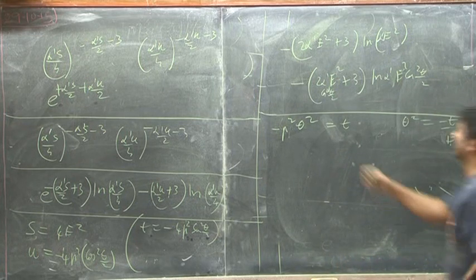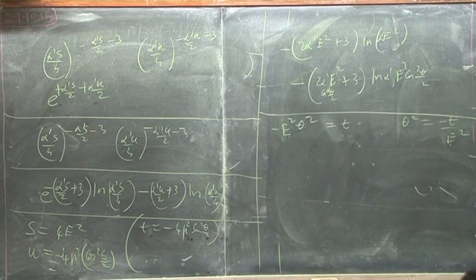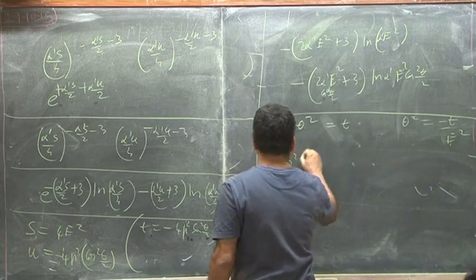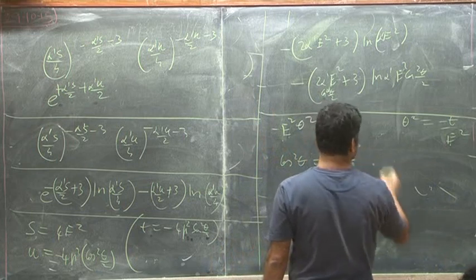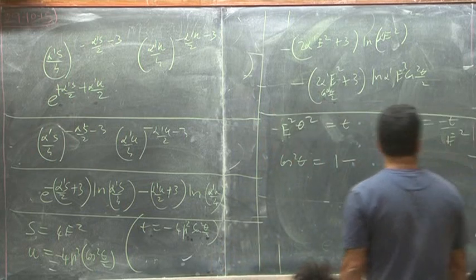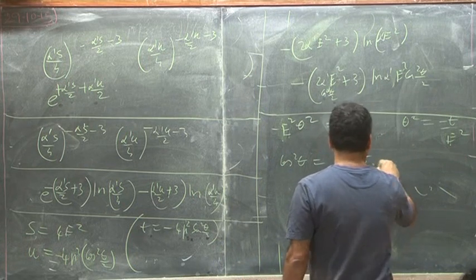Okay. So theta squared is equal to minus t divided by e squared, and so cos squared theta by 2 is equal to 1 plus t by 2e squared.